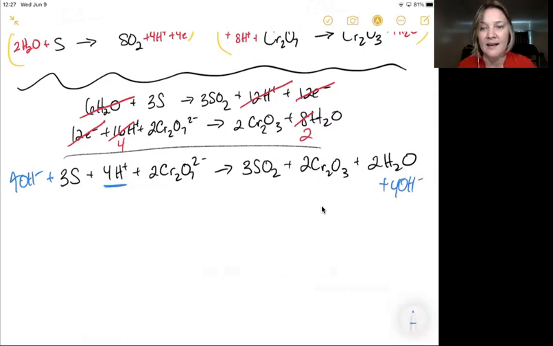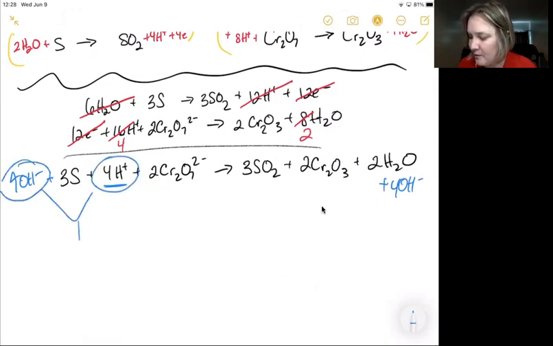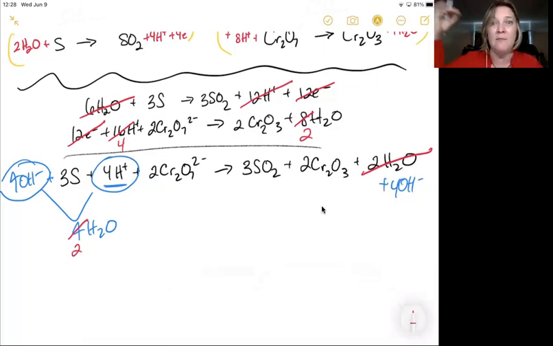If you do it to both sides, it counts evenly. All right, so now these two are going to come together to form 4 water. And that is going to delete the 2 water on the right-hand side, and it's going to cut this down to 2.